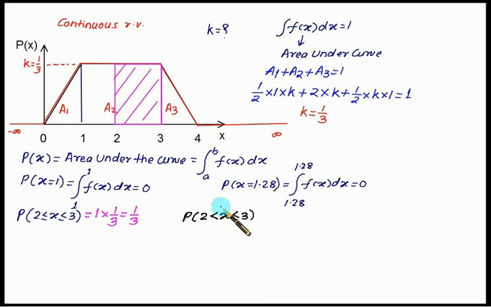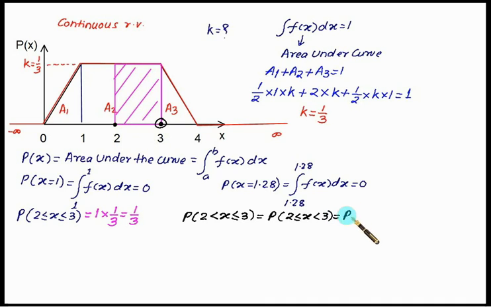Still the limits will remain the same, so this is still equal to 1 into 1/3. Even if we take the probability of 2 less than or equal to x less than 3, the meaning remains the same. That is, we have the same area in the figure, so the area remains the same and the probability also remains the same. So whether a number is included or not included does not matter for a continuous random variable.